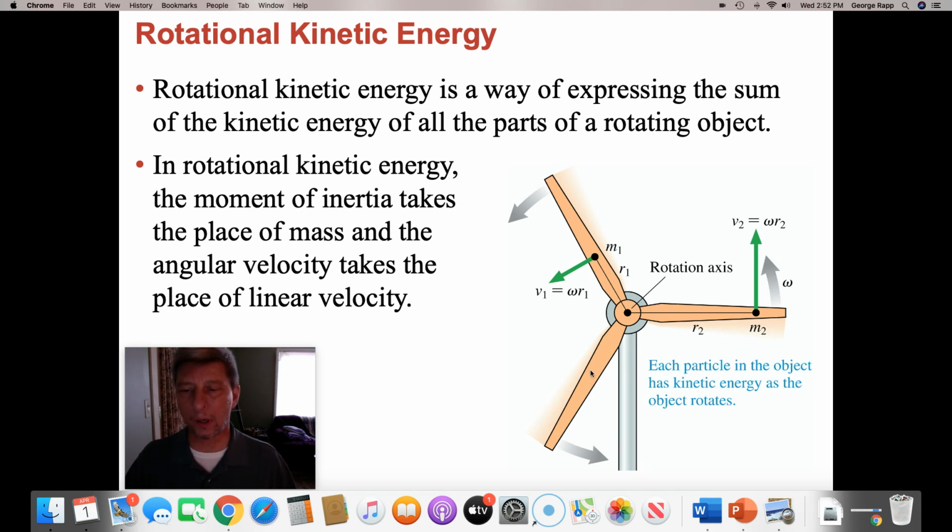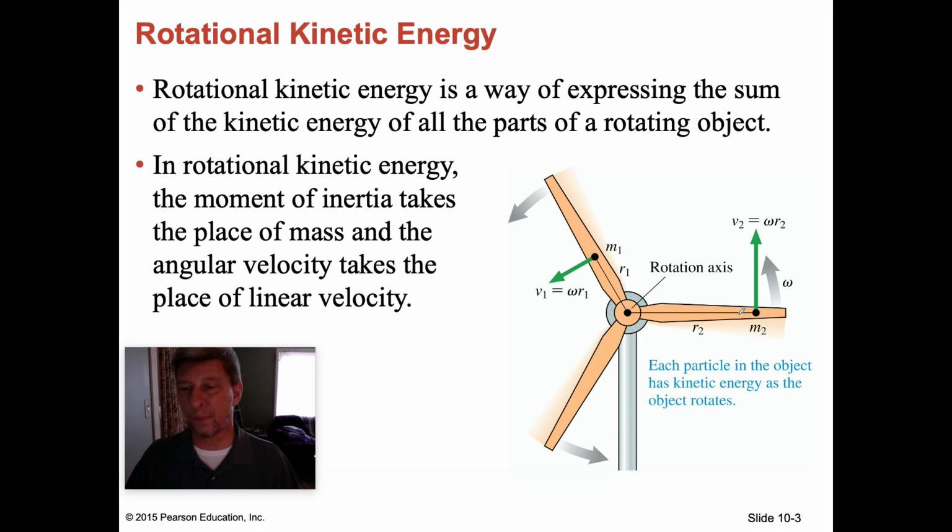But for each particle in, for example, the fan blades that you see here, the linear velocity v1 is equal to the rotational velocity times r1, the distance here. And the linear velocity v2 of particle m2 here is equal to the rotational velocity times r2. Notice again that the rotational velocity is the same for all points on each of the three blades that you see here.